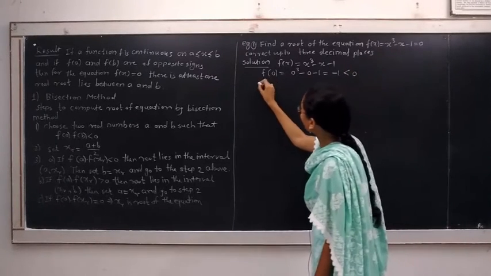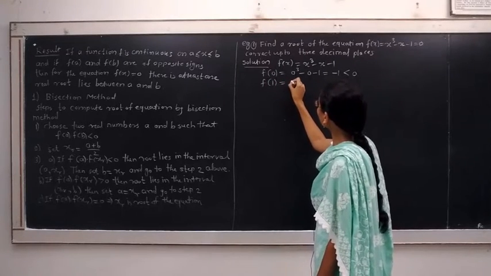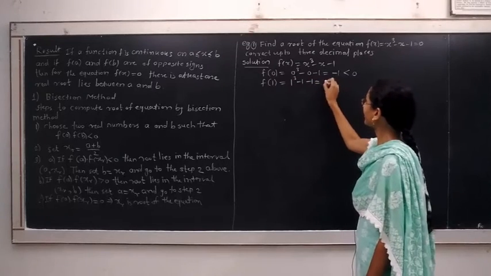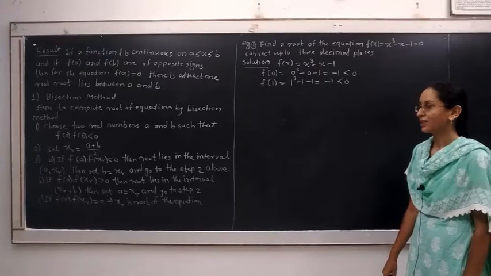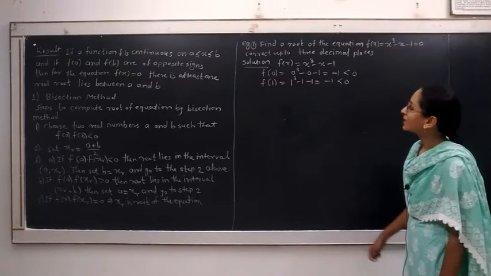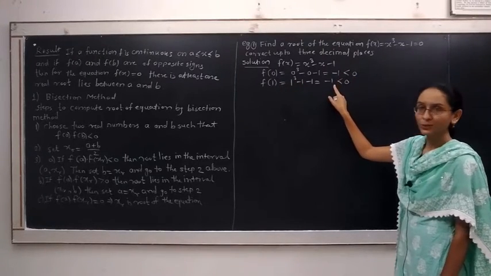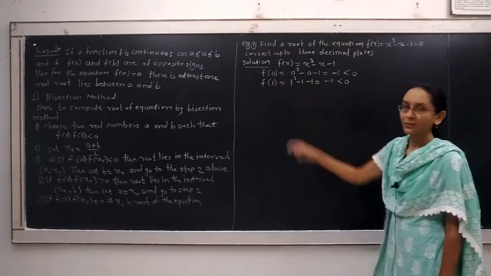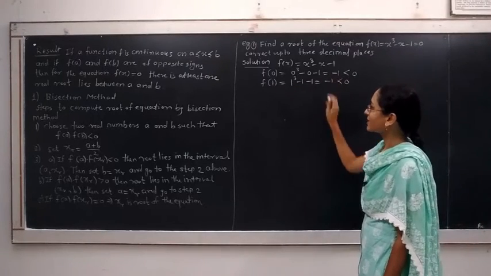If we put x = 1, then we get f(1) = 1^3 - 1 - 1 = -1. Again this is negative. We want two numbers a and b such that f(a) times f(b) is less than 0. Here f(0) and f(1) both have the same signs, both are negative, hence we cannot consider a = 0 and b = 1.